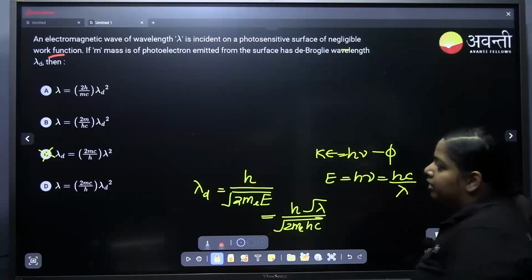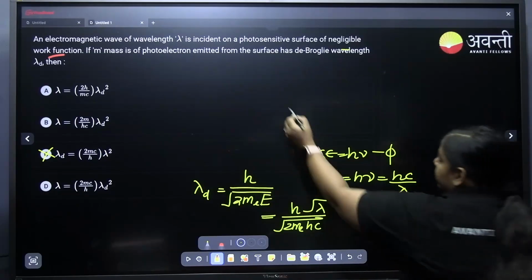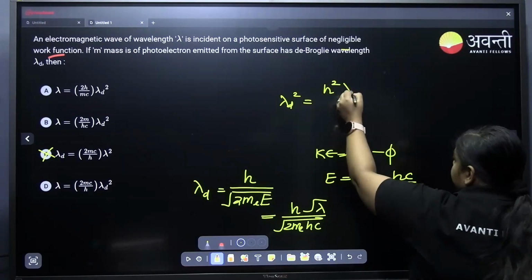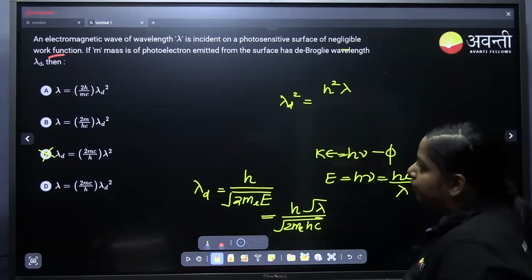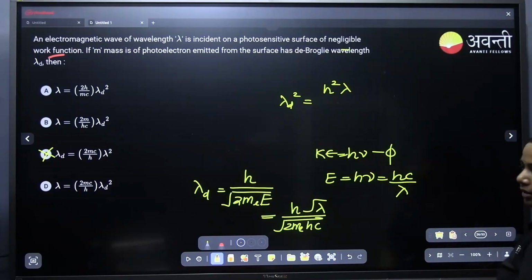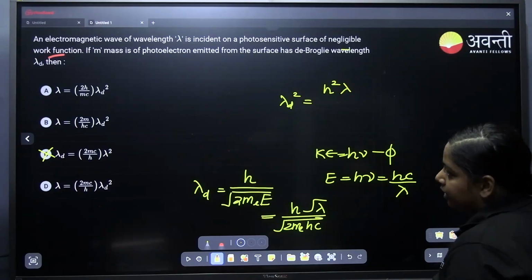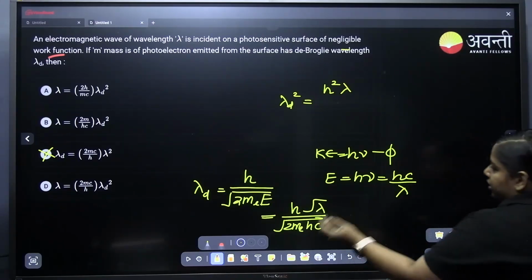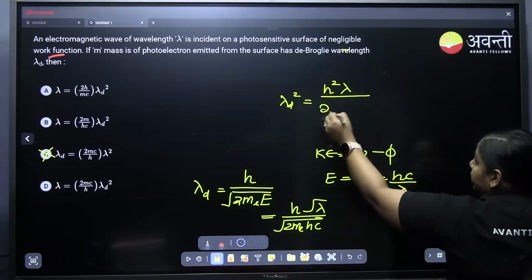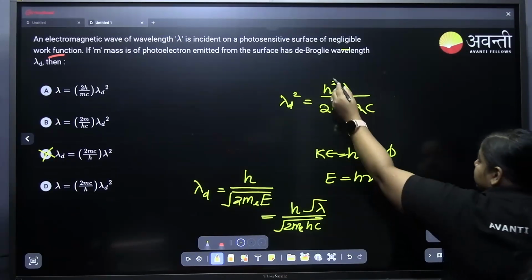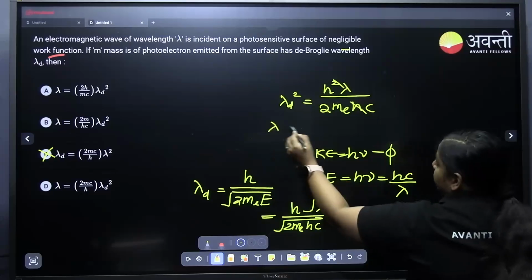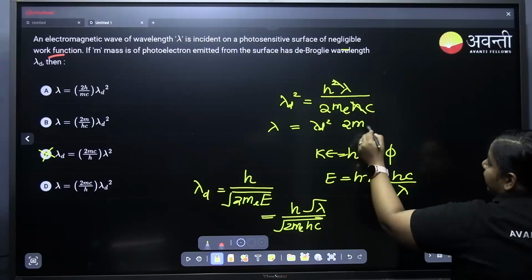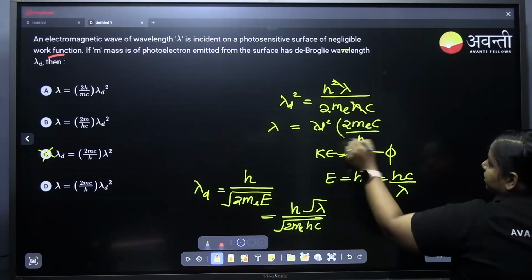Then lambda d square is equal to h square lambda by 2 m hc. The h and h square cancel, and lambda is equal to lambda d square into 2 m c by h.